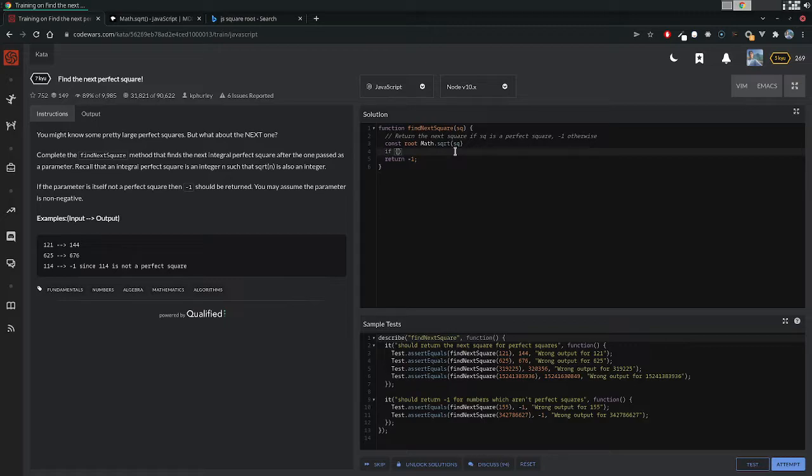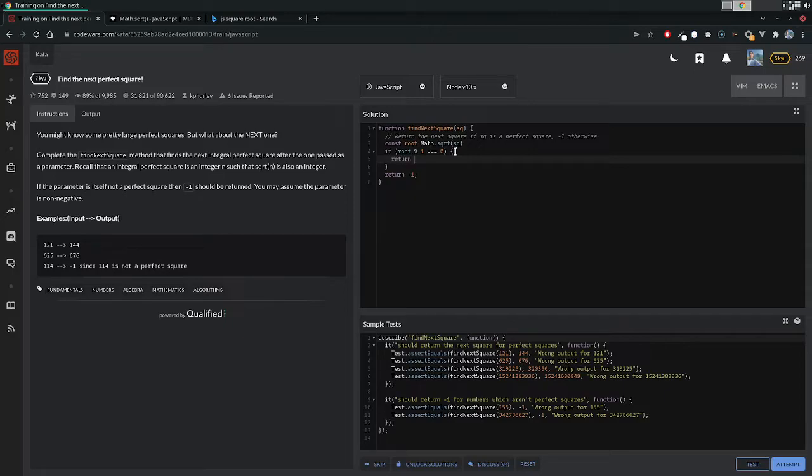If root modulo 1 is not equal to 0. No, let's do is equal to 0.